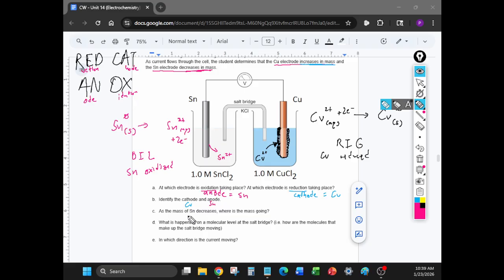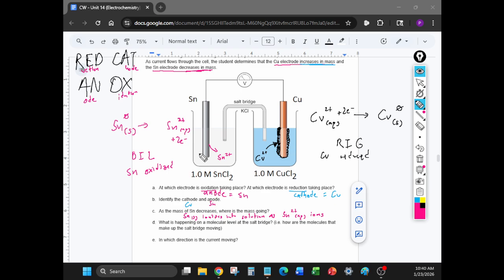So you would say something along the lines of, tin solid ionizes into solution as, I apologize for my handwriting, as Sn2+, and then you would write aqueous or ions. Okay, and then you say something along the lines of, that's why the solid mass gets smaller, because the solid tin becomes aqueous tin. It dissolves into solution.